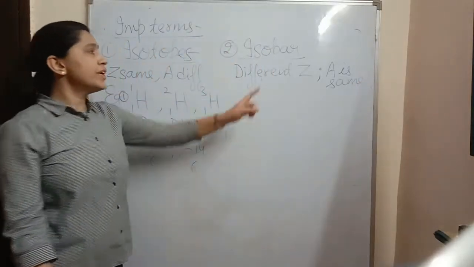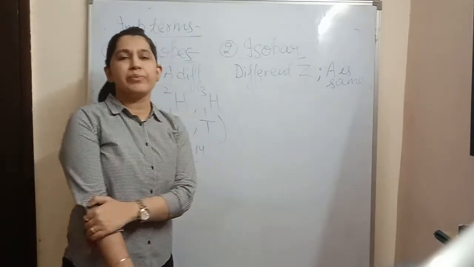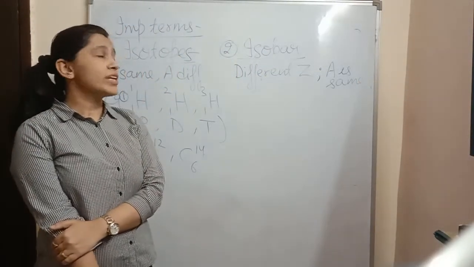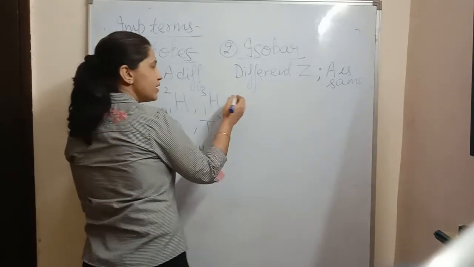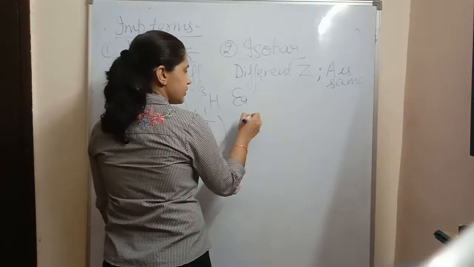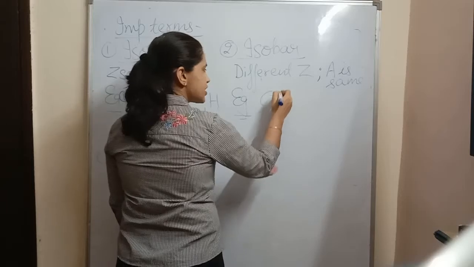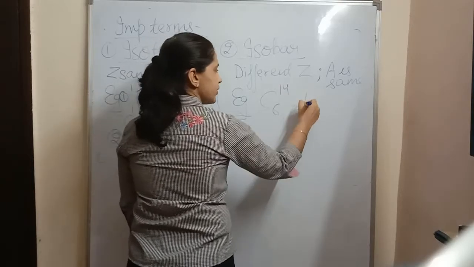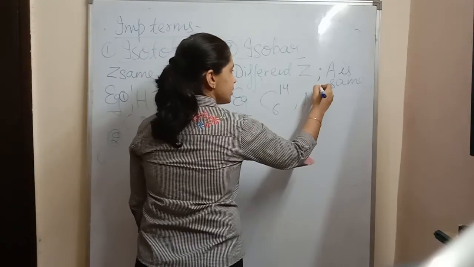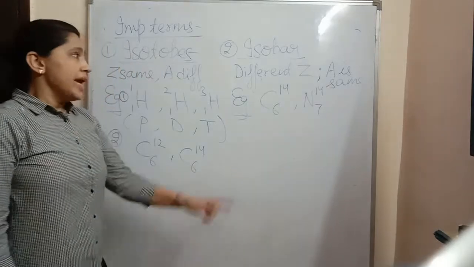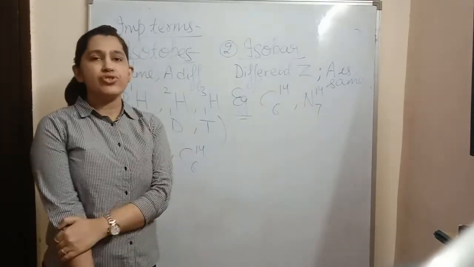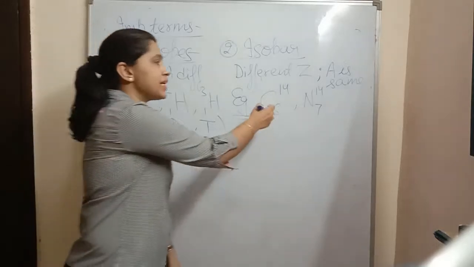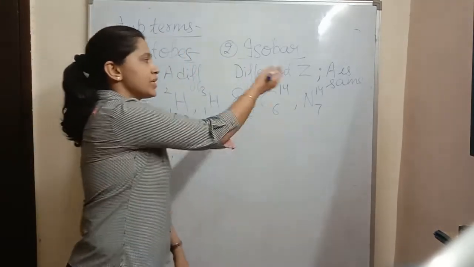Atomic number Z different, but the mass number is the same in the case of isobars. Any example of isobar? That is C614 and N714, right? Atoms of different elements. One is carbon, the other is nitrogen. The atomic number is different, but the mass number is the same.